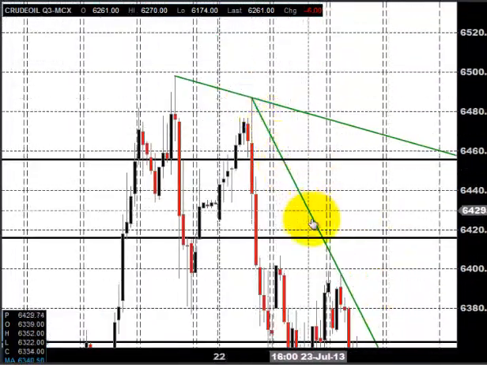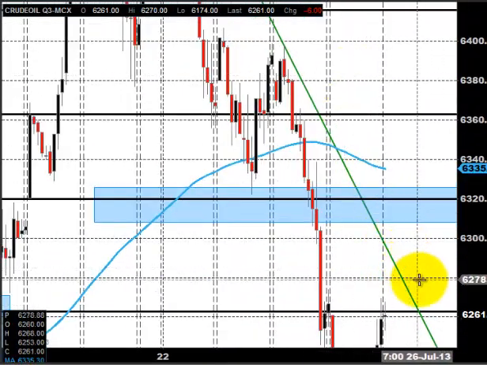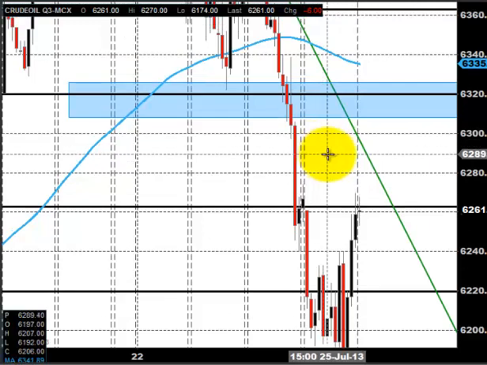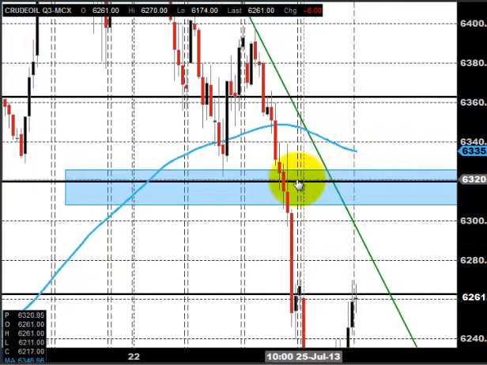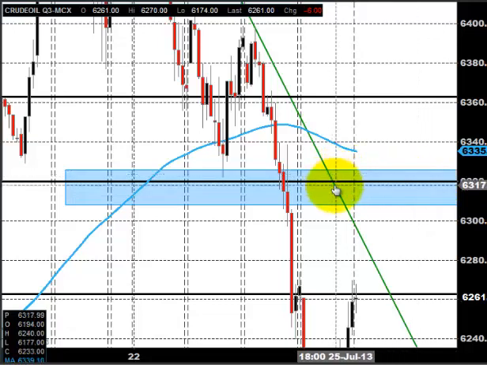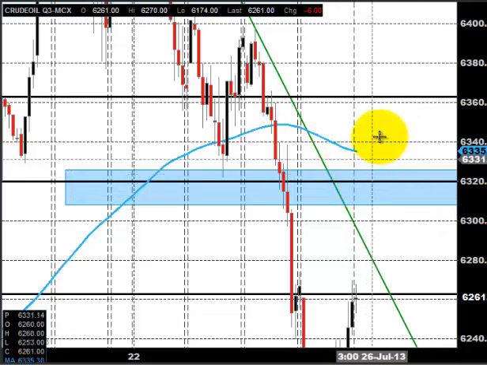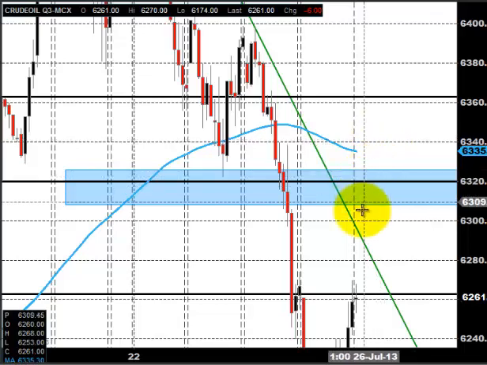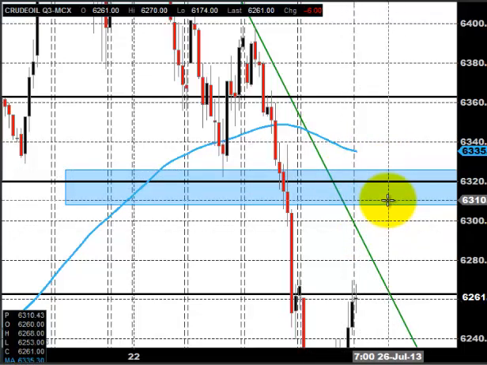You can see we had drawn this downtrend line, which will guide us to identify the trend. And still the price was staying below our key zone, this 6320. So unless we get a closing above 6320, we cannot say that the price has gained some buying momentum.